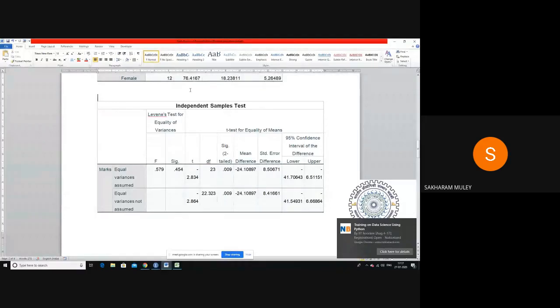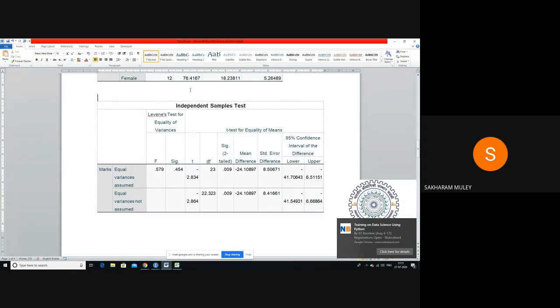So I will be happy if I get the Levene's test value as non-significant, that means greater than 0.05. And here I can confirm that the Levene's test value is greater than 0.05. Therefore, I should take the values from the first row, that is equal variances assumed.